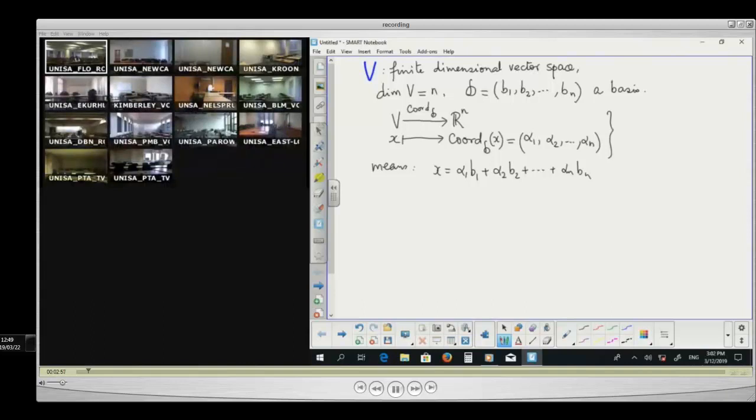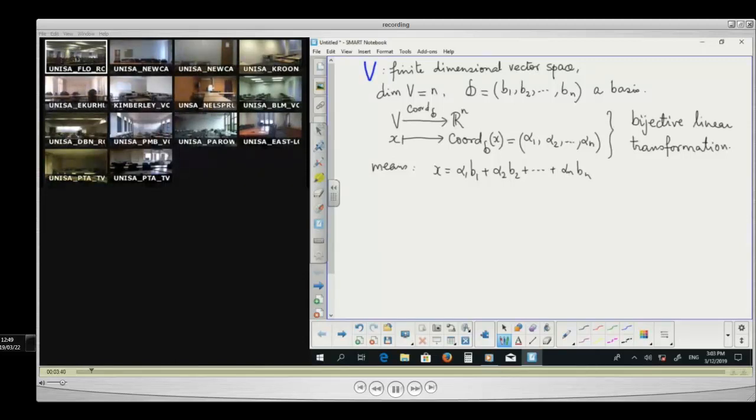And this sets up a bijective linear transformation. What does it mean? So firstly, it means you give me any n tuple from R, so any member from Rn, there exists one and only one vector x in V whose coordinates is that given one.